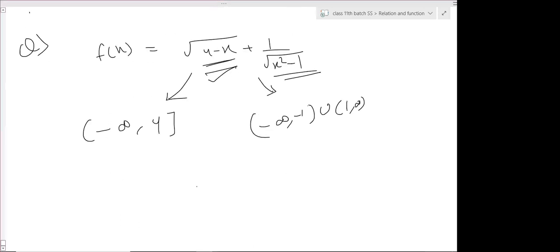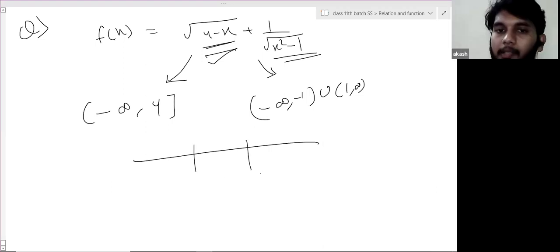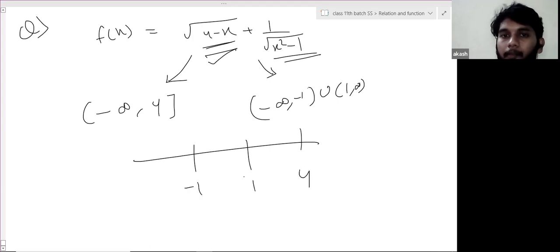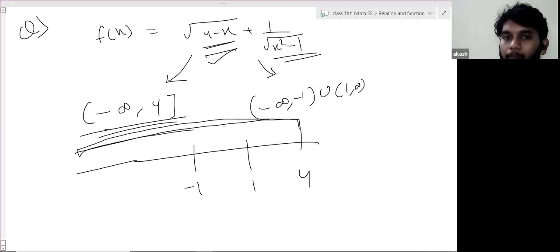Now this set chapter comes to mind. See, suppose, let me just try this. This is minus 1, 1 and 4. One is saying you can take any number from minus infinite to 4. All these values you can take.